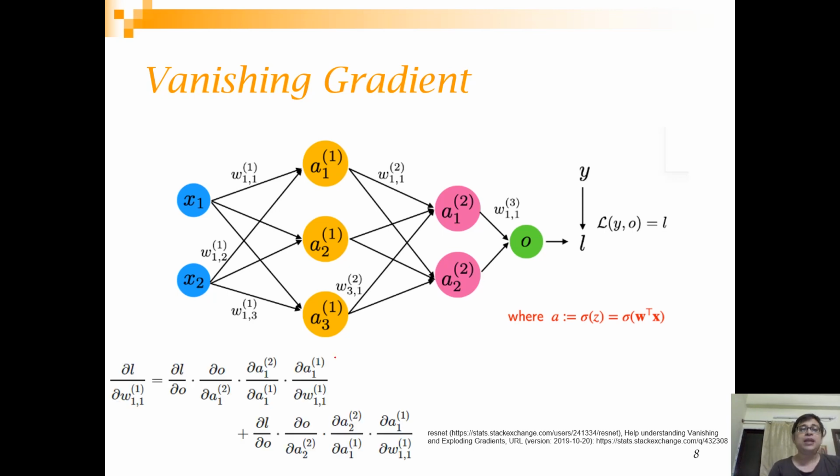So it can be written in this form. This is a multiplication of multiple derivative terms. If you remember our back propagation lecture, these derivatives are back propagated, and if there are n terms participating in the derivative calculation, it will be at least n plus 1 terms.